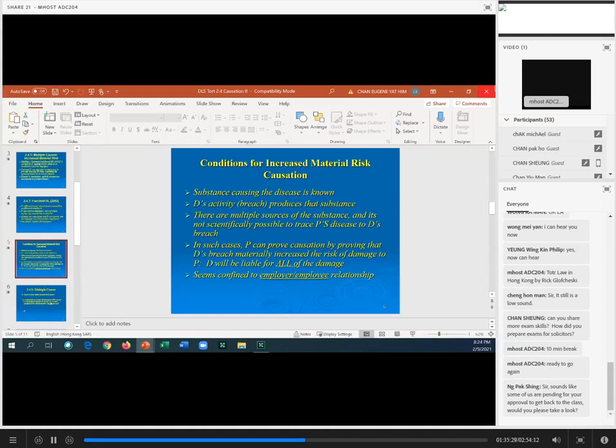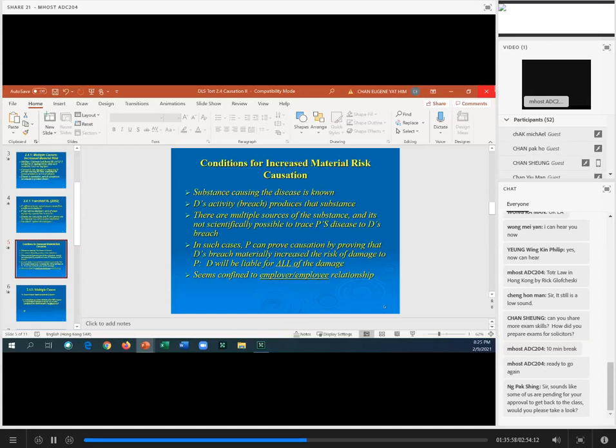And there are multiple sources of the substance, and it's not scientifically possible to trace exactly what was the trigger point. And so which employer would be liable? In that case, the plaintiff can prove causation simply by proving that the breach materially increased the risk of damage to the plaintiff. Okay, and then the defendant will be liable for all the damage. And if there's more than one employer, they'll all be liable jointly and severally.